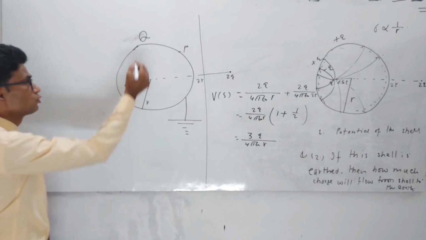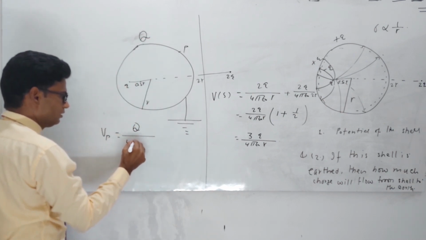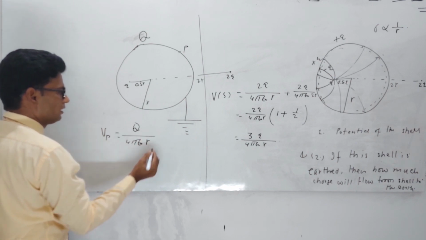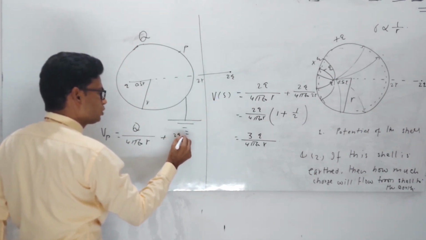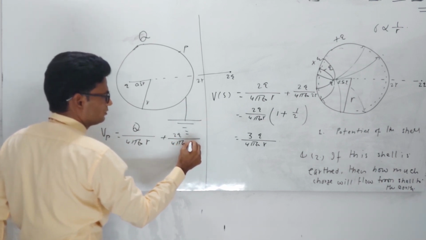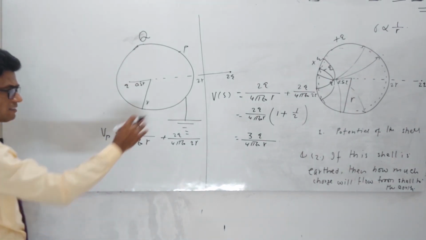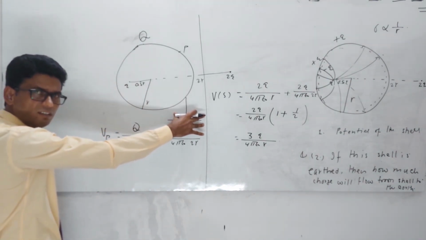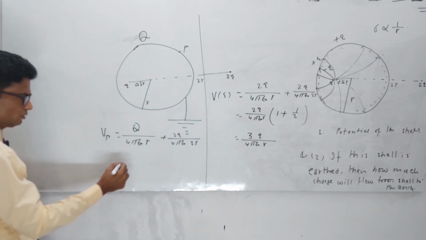Again the same funda here. Find the potential. So potential due to this q is q over 4 pi epsilon naught r, plus here 2q over 4 pi epsilon naught into 2r. As it is earthed, potential is taken to be 0 volt, so this is 0.